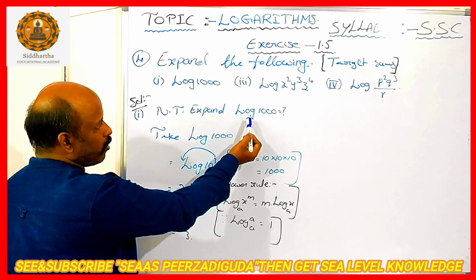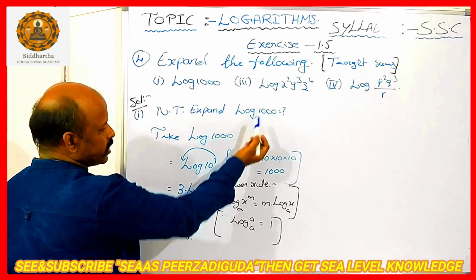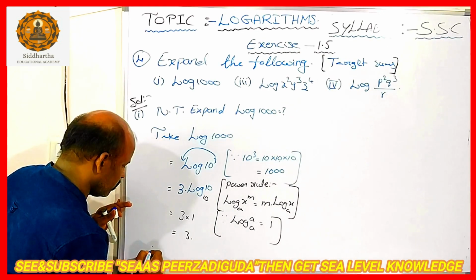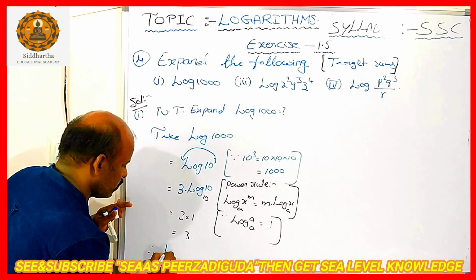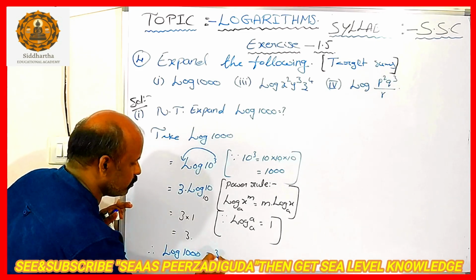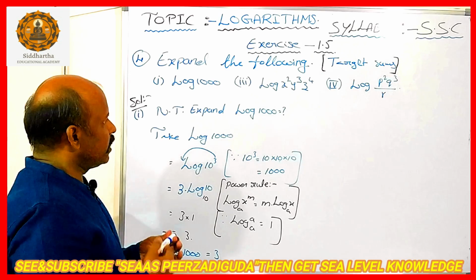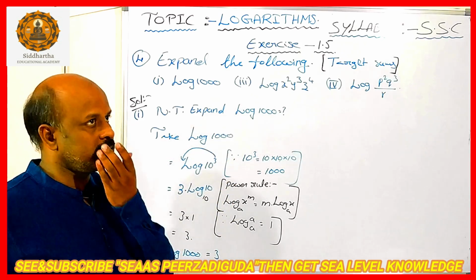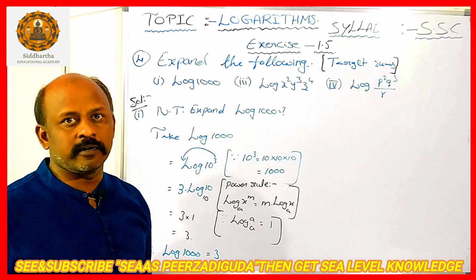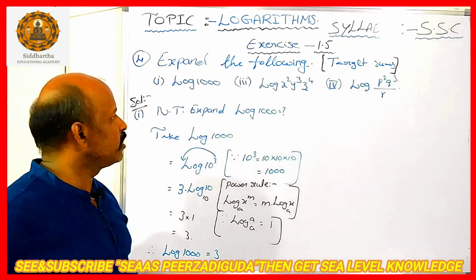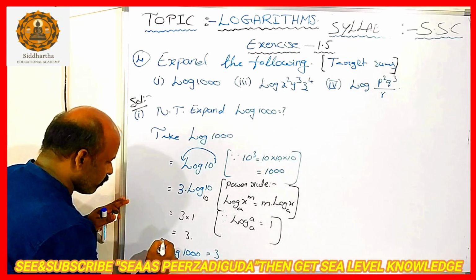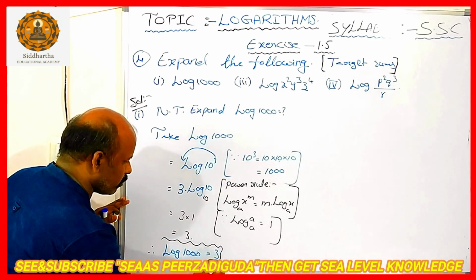The value of log 1000 is 3. Therefore log 1000 is equal to 3. Actually the question could be find the value of log 1000, but according to our textbook it says expand. So the value of log 1000 is 3.